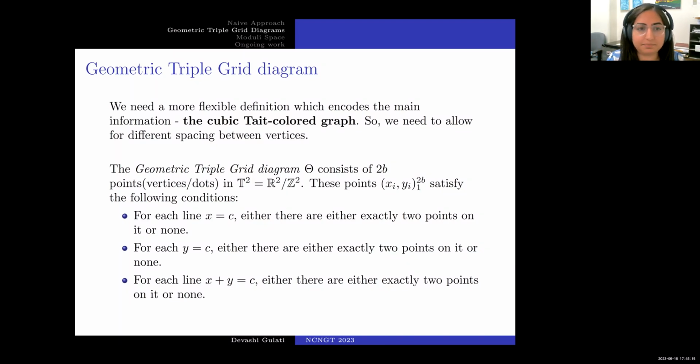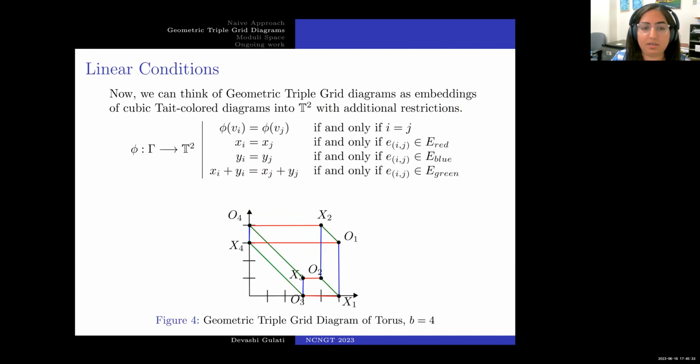So we have the geometric triple grid diagram, which consists of 2V points on a torus, which satisfy the conditions that every horizontal line has exactly 2 points or none. So does every vertical line and every diagonal line. Now, we can think of geometric triple grid diagrams as embeddings of cubic Tate-colored graphs into the torus with additional restrictions.